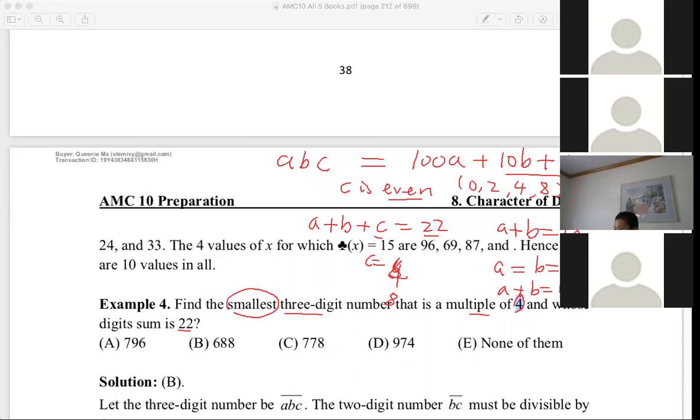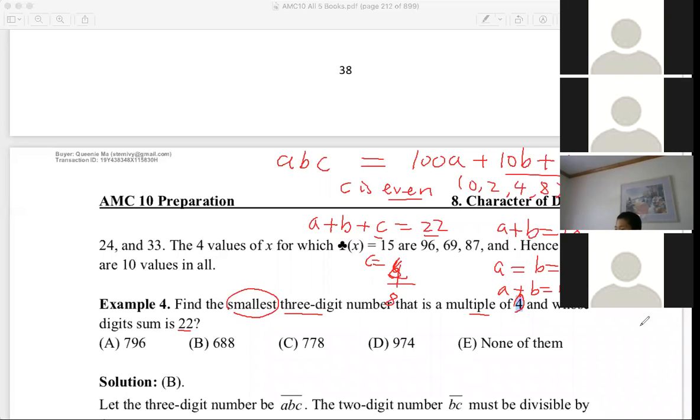Now you check if the last two-digit number is divisible by 4. So 58 is not divisible by 4, right? And 88 is divisible by 4, right? So this one works.